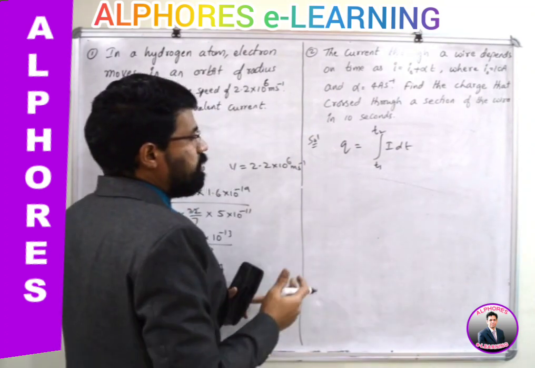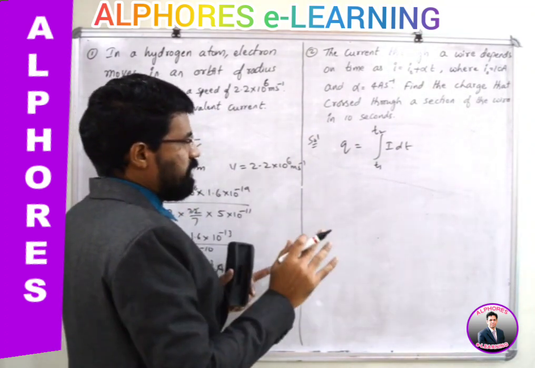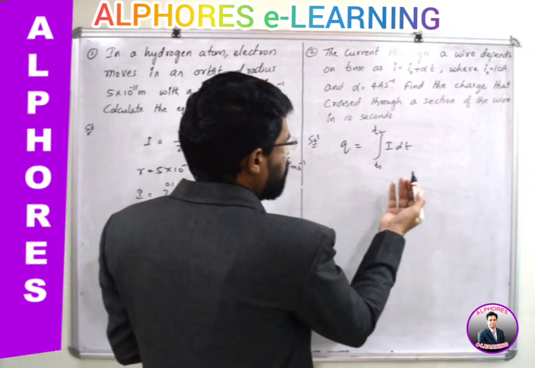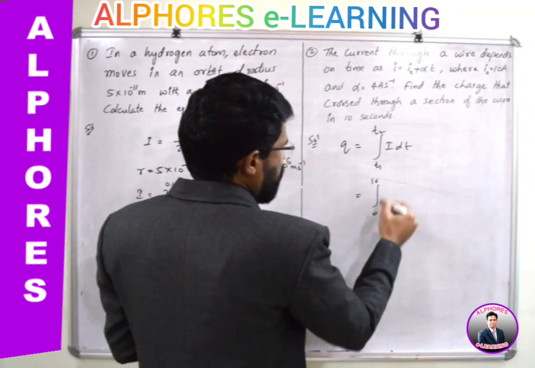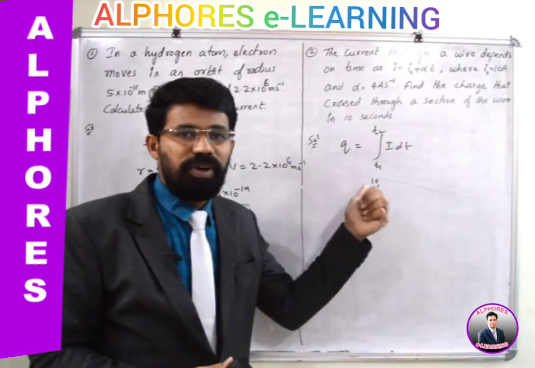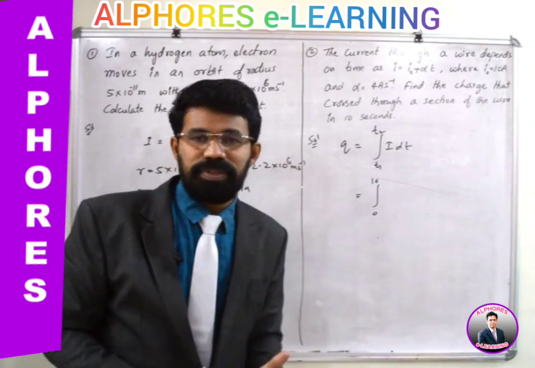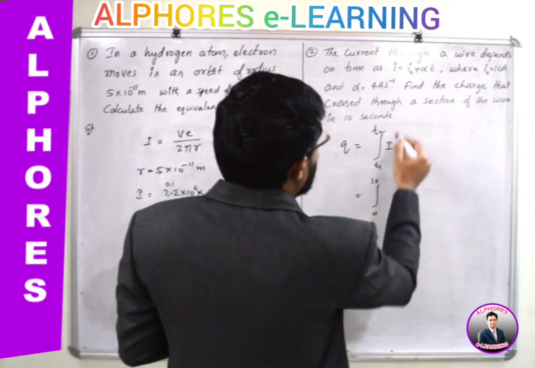The lower and upper limits were not defined, but it was said that it is over a time of 10 seconds. So you can take t1 as 0, and the upper limit as 10 seconds.